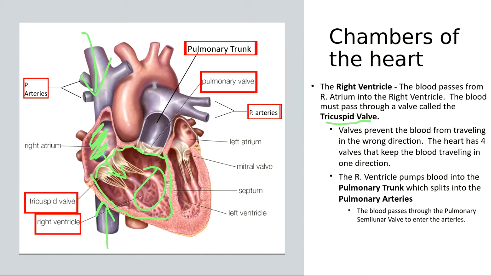And from there, the right ventricle, which is a smaller ventricle, will pump blood into the pulmonary trunk. This is the pulmonary trunk, where it also passes through a valve. That's the semilunar valve, the pulmonary semilunar valve.